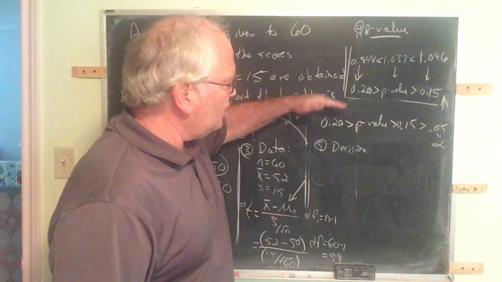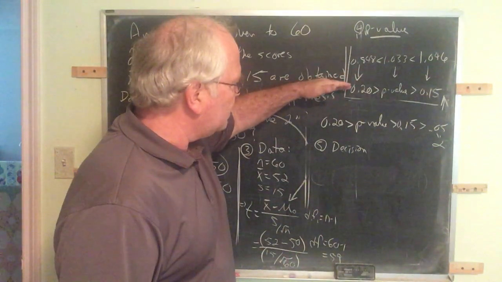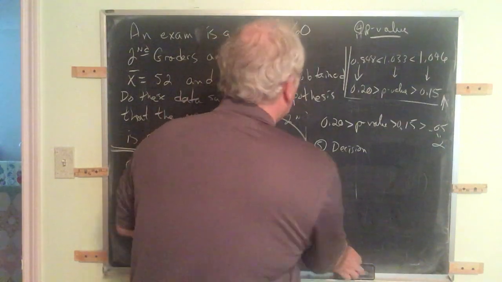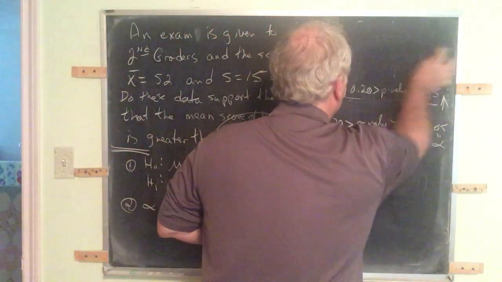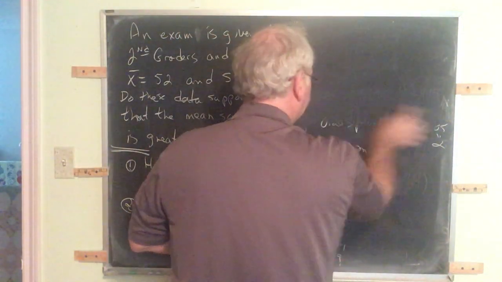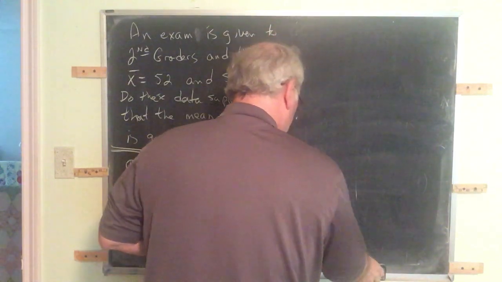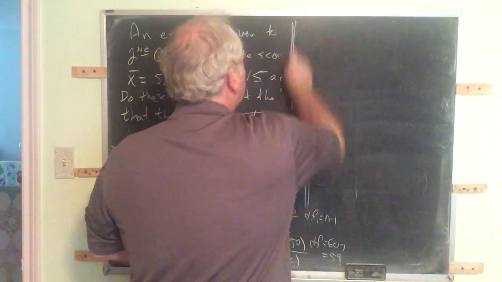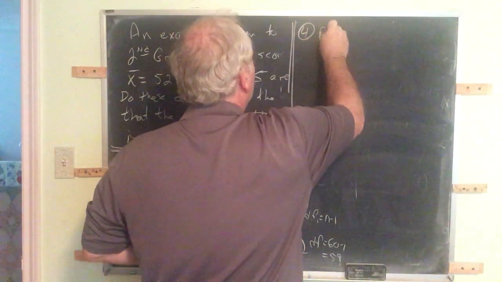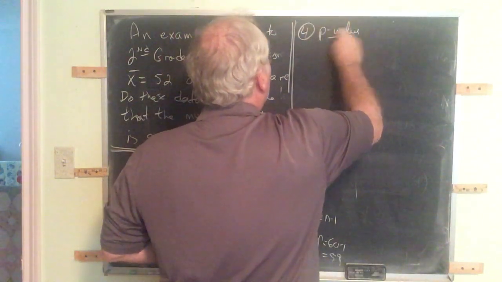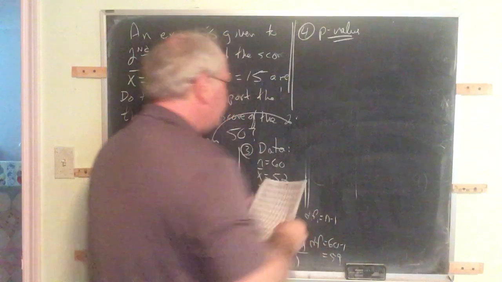This is by far the trickiest bit, and I've done kind of a bad job of this here. So I'm going to clear this out a little bit and go over this a little more slowly. So, step 4, p-value. We have 59 degrees of freedom.